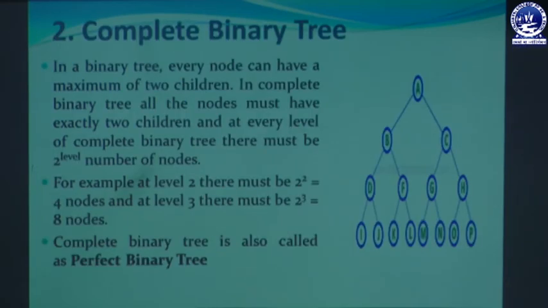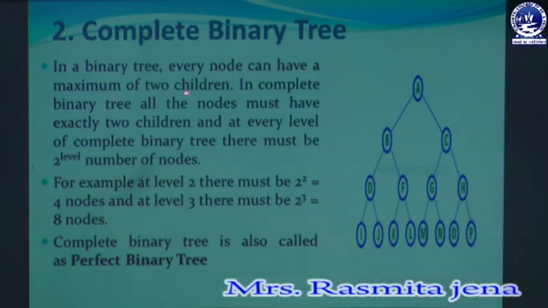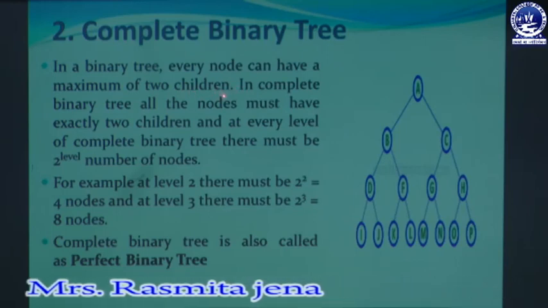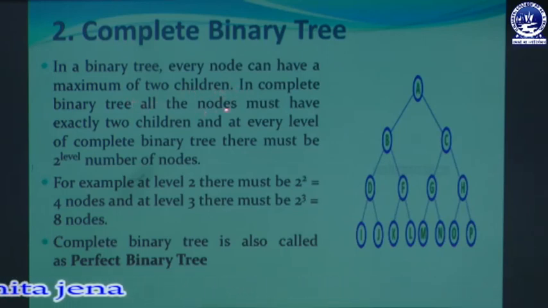The next variation of binary tree is the complete binary tree. In a complete binary tree every node can have a maximum of 2 children, and all internal nodes must have exactly 2 children, and at every level there must be 2 to the power of level number of nodes.